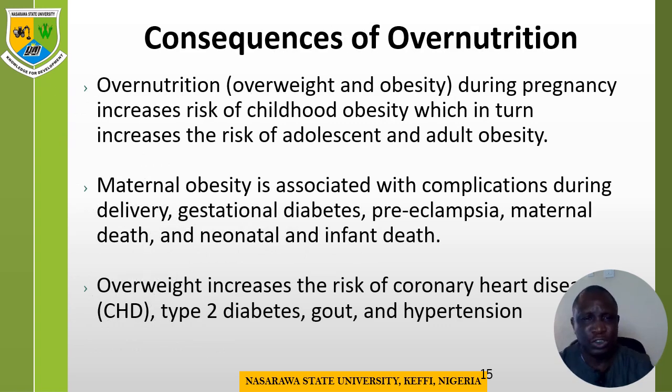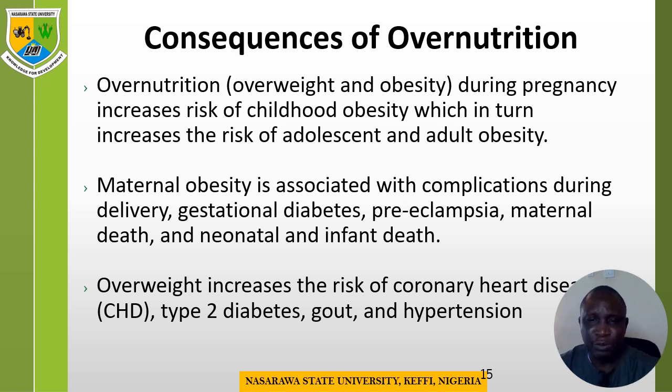Consequences of overnutrition. Overnutrition, overweight, and obesity during pregnancy increase the risk of childhood obesity, which in turn increases the risk of adolescent and adult obesity. What he's saying is that if an obese mother gives birth to a child, the child later in life may become obese.